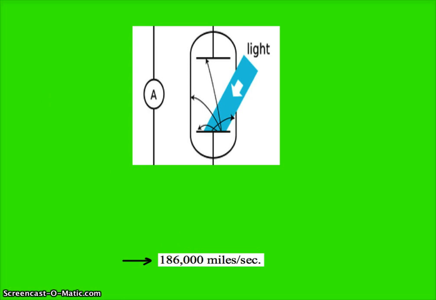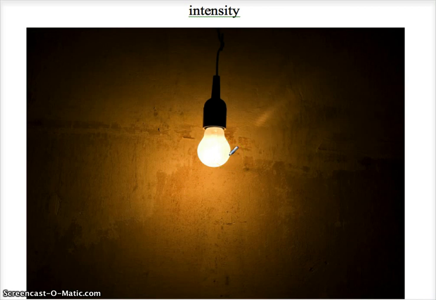Now you may have noticed that a 100-watt light bulb is brighter than a 60-watt light bulb. The quantity that measures the amount of light shining on a surface is called intensity. Hey, we use that term when we're talking about sound waves. Yes, this term is used in sound waves and in light waves.